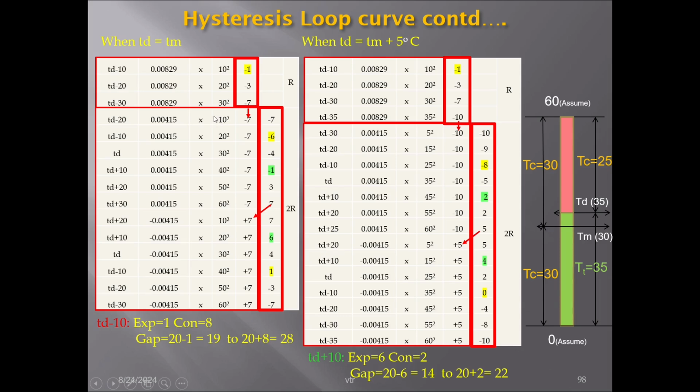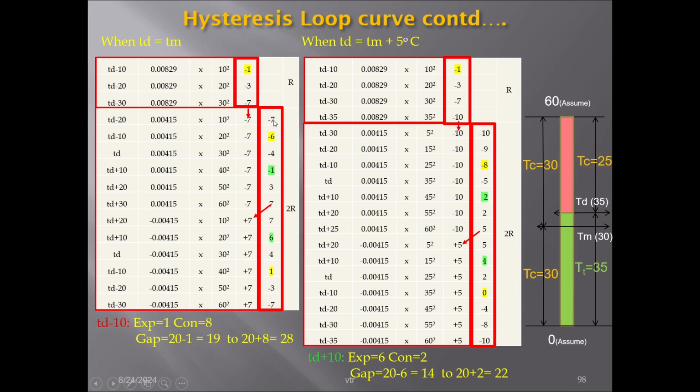Once expansion happens there will be a resultant movement. That means already minus 7 mm was there. Contraction we are considering with a minus sign, and expansion we are putting a plus sign. So minus 7 plus 0.00415 into 10 squared will be equal to minus 1, because the variation is very negligible.